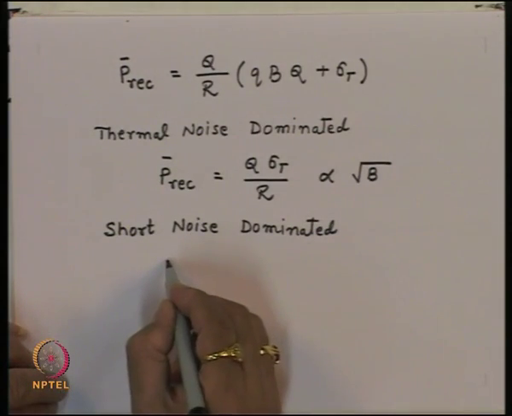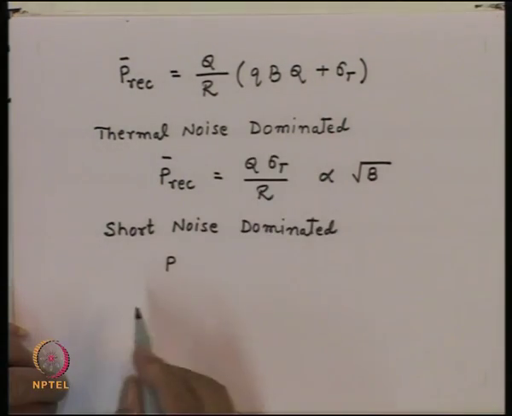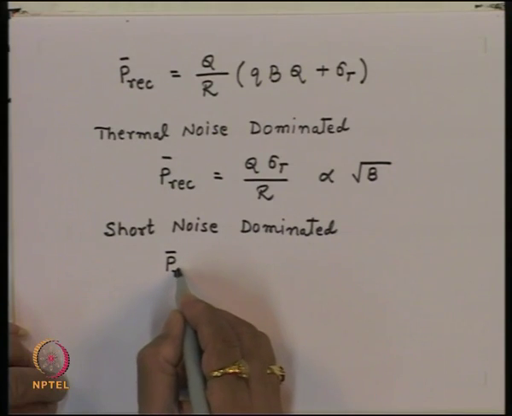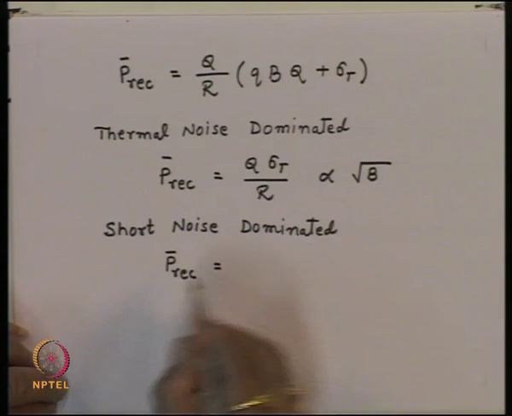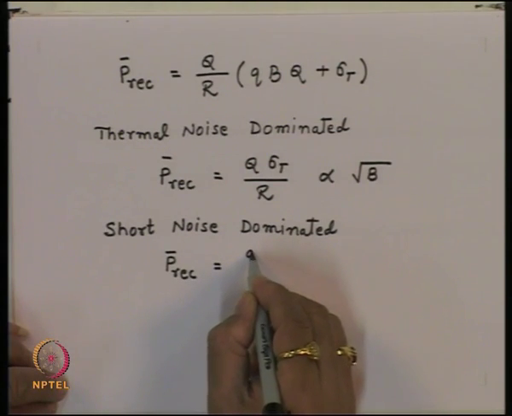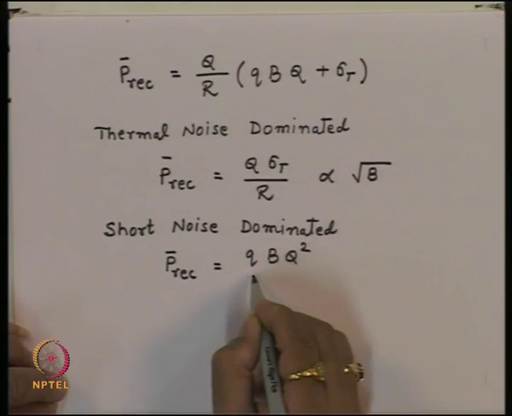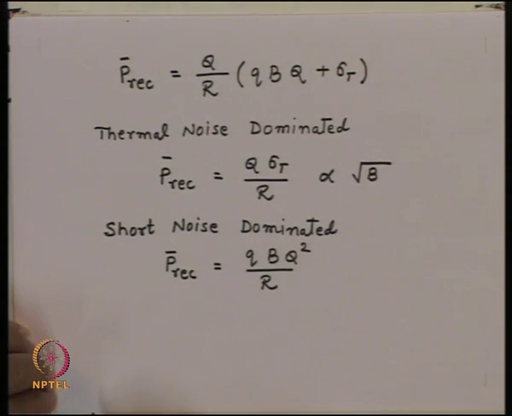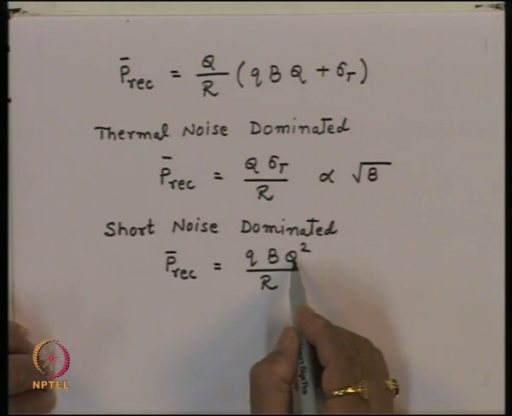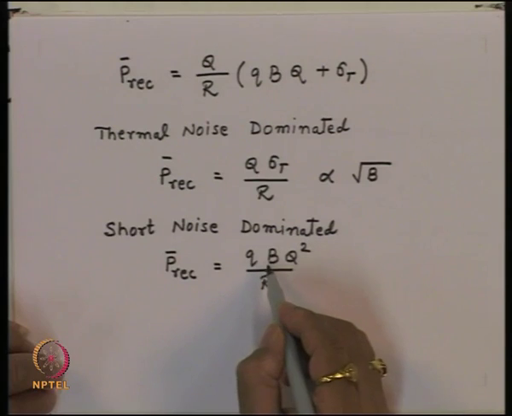And in this case, this term is negligible now. So, we can get this quantity, P received, that is equal to Q squared B divided by the responsivity R. So, what we find in this case is that the P received for a given value of Q is proportional to the bandwidth.